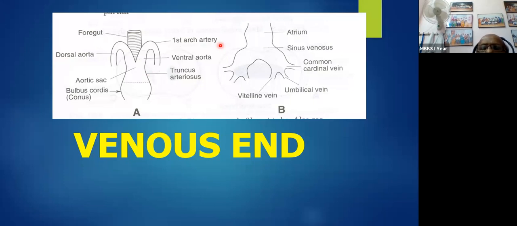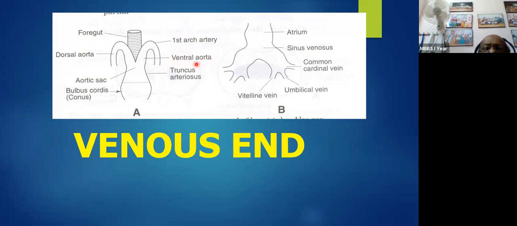For each arch we will have a separate artery, called the aortic arch arteries: first arch artery, second arch artery, like that. If you trace the ascending aorta or truncus arteriosus, it will be in communication with the pharyngeal arch arteries. Before that, you have a small part called the ventral aorta. I will explain that with another picture in other classes.